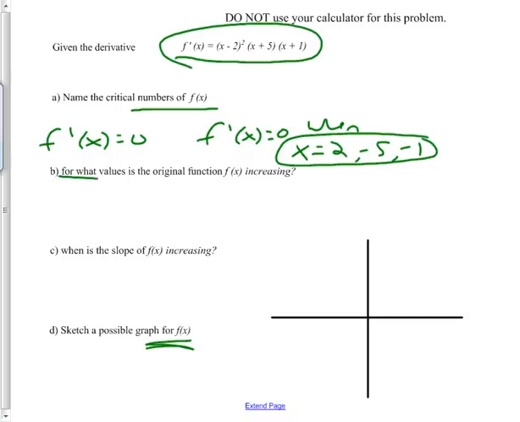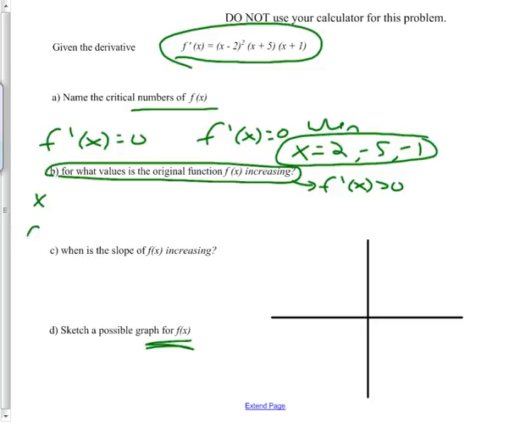Okay, so for what values of x is the original function increasing? For f of x to be increasing, that means f prime of x needs to be greater than 0. Here I'm going to implement a technique that we're going to be using a lot. We're going to create a chart looking at values of x and f prime of x.